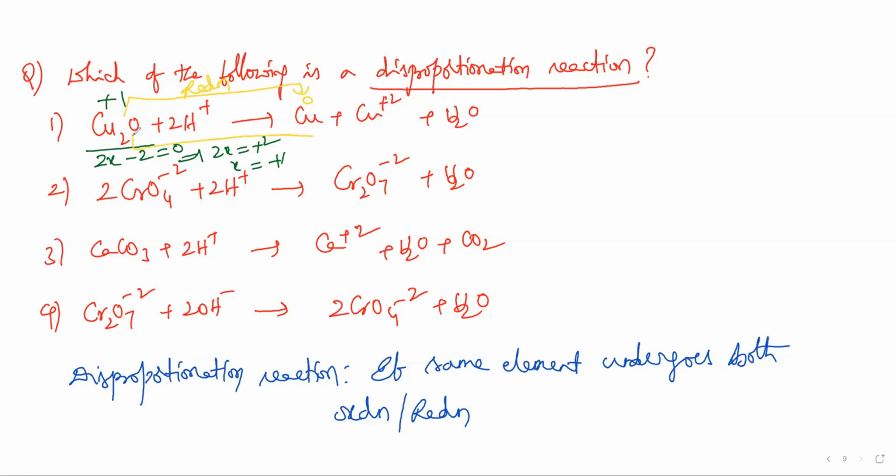Whereas plus 1 to plus 2 is increase in oxidation state, oxidation. That means copper undergoes both oxidation as well as reduction. So that is what we call a disproportionation reaction. So the first option itself is the disproportionation reaction.